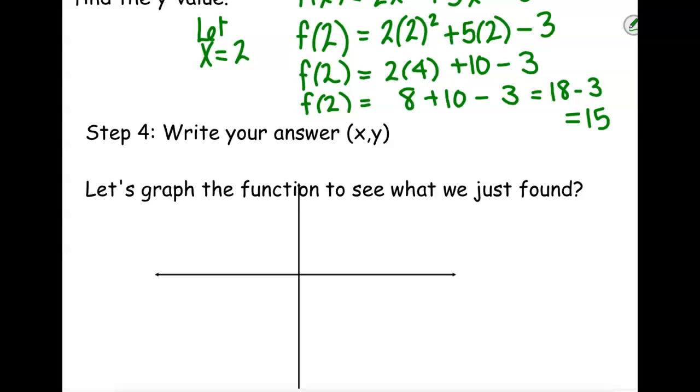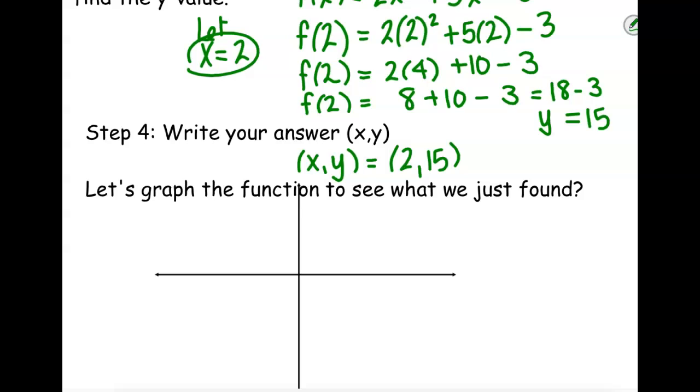All right, last step. Step 4 is to write your answer as x and y. So this is going to be your y value, and this is going to be your x value. So x comma y equals 2 comma 15.